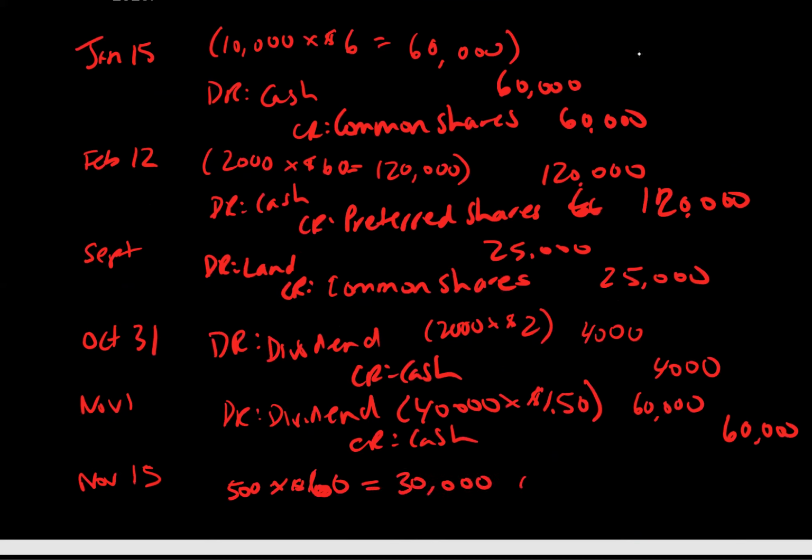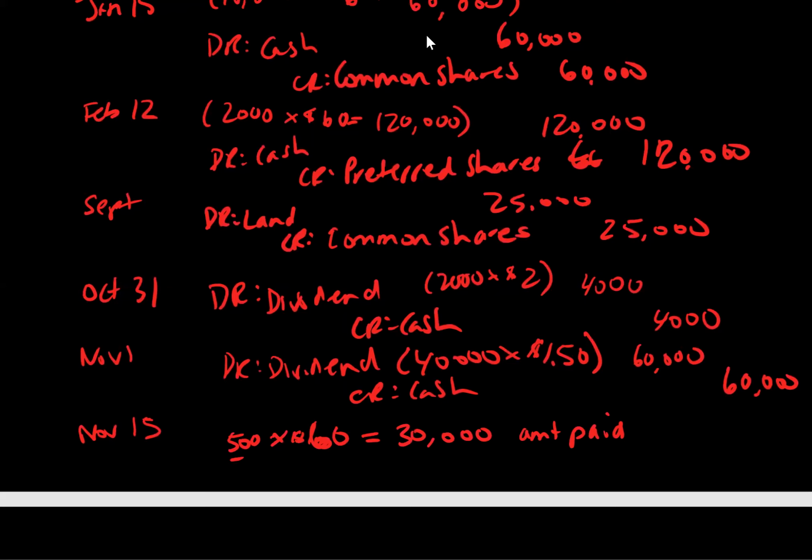This is the amount we paid for the shares. And now we're going to buy them back for $62, which is going to give us $31,000 because there are 500 shares. So we're short $1,000. We would check and see if we had anything in contributed surplus related to preferred shares, which we don't. So this is going to need to go through retained earnings.